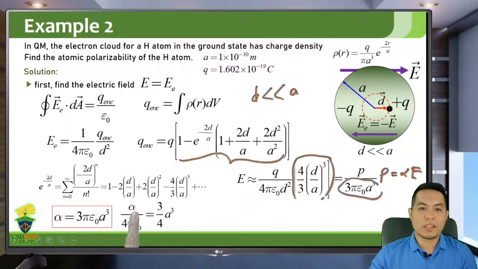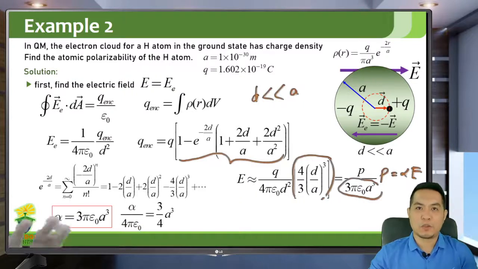Since we usually write the polarizability as alpha over 4 pi epsilon naught, we divide this by 4 pi epsilon naught, then we have 3/4 a cubed. Unlike the classical result, which is exactly a cubed, the quantum mechanical result is just 3/4 a cubed, 3/4 of the Bohr radius cubed.